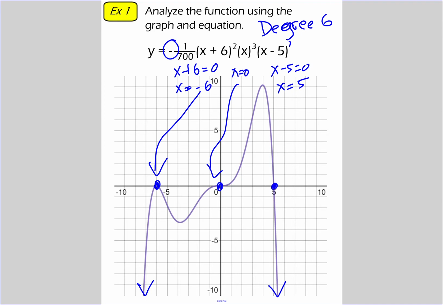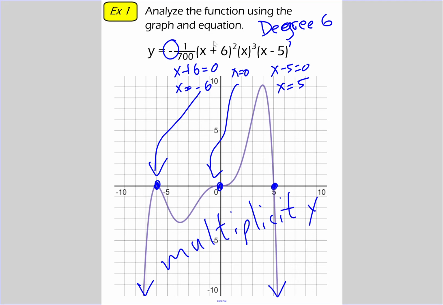intercept. It's a degree 6, so it should have 6 solutions, but that doesn't mean it has 6 intercepts, as we can see. What's really going on is that we have what's called multiplicity. Multiplicity is the number of times that a number is a zero.